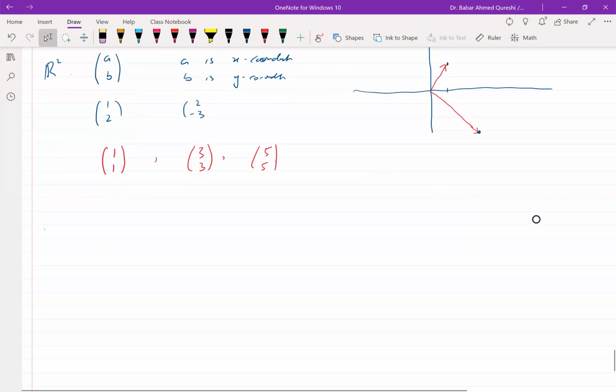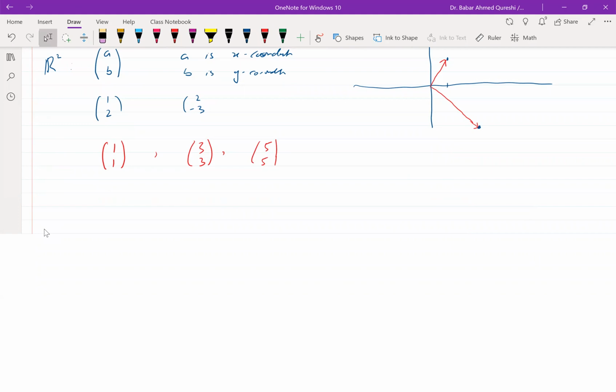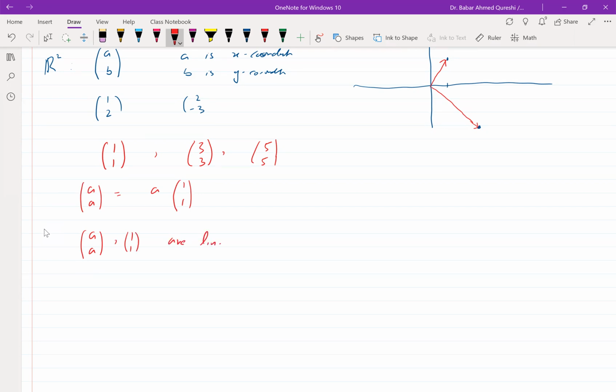Well, any vector of this kind is just a multiple of 1, 1. That means these ones, this and this, are linearly dependent.